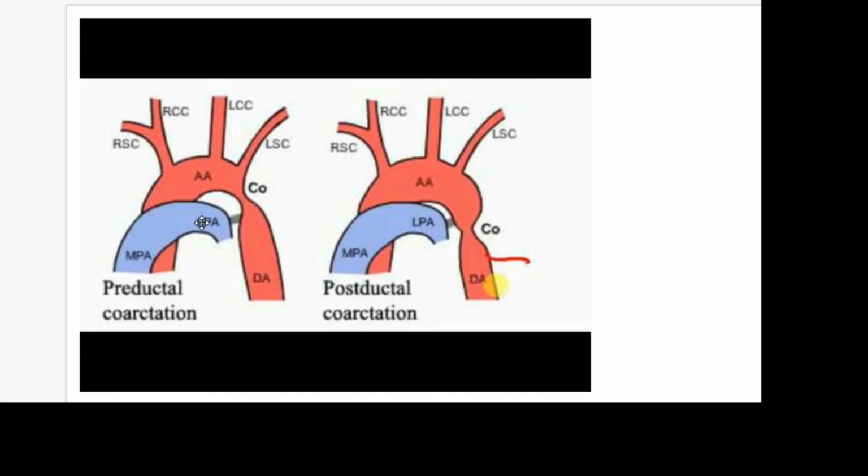The consequence of this coarctation is that there will be dilated intercostal vessels in the person suffering from coarctation of aorta. Thank you very much. Coarctation of aorta.